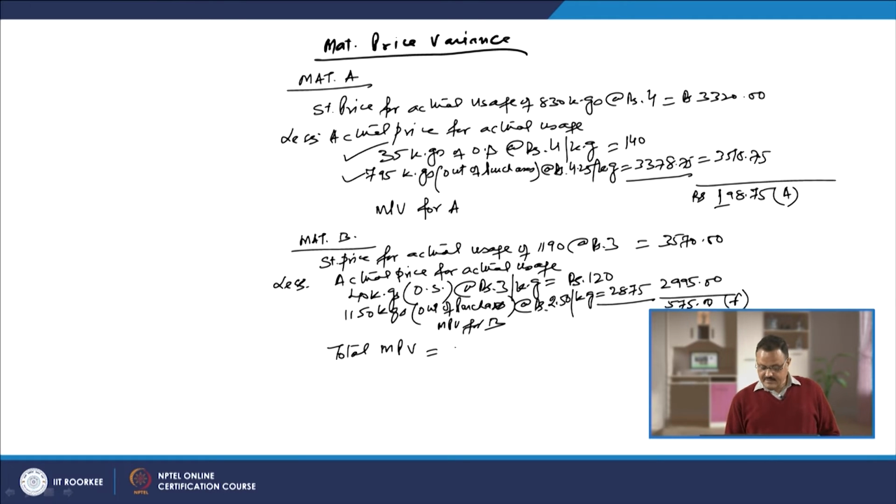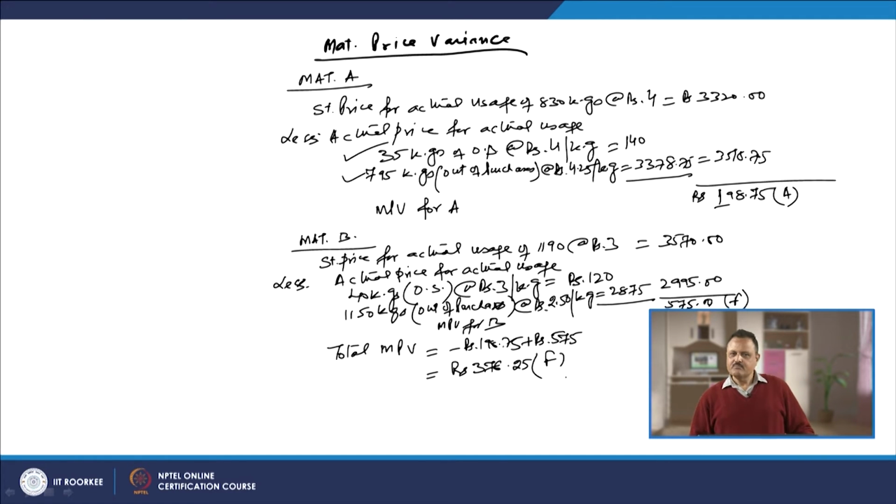That will be minus rupees 198.75 plus rupees 575. This is the negative, minus 198.75 plus rupees 575. Finally this variance will be rupees 376.25, and it is going to be favorable.